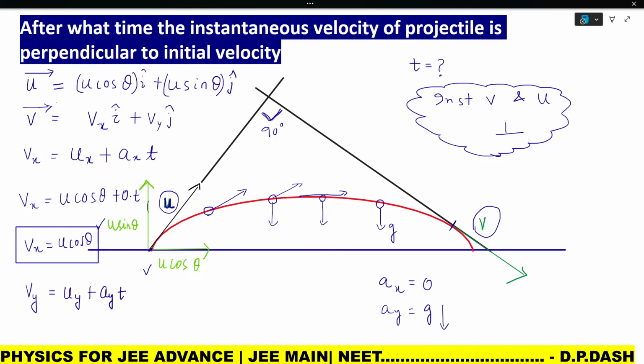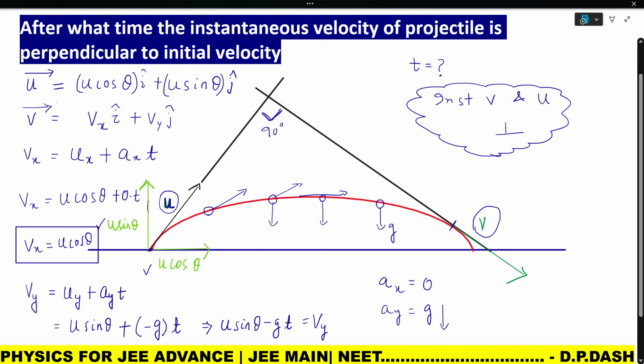So it becomes u sin theta, the initial velocity along the y-axis, plus acceleration along the y-axis, minus g into t, or u sin theta minus gt. This is our velocity along the y-axis.